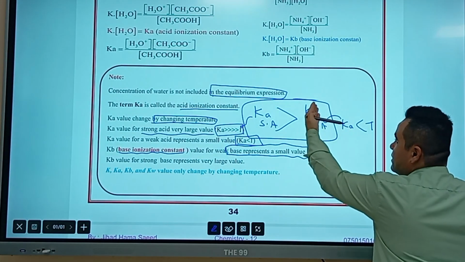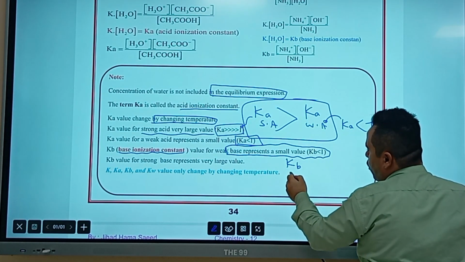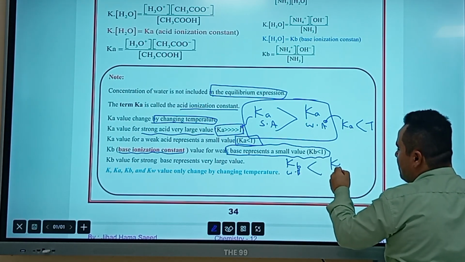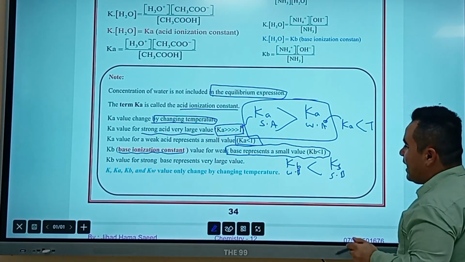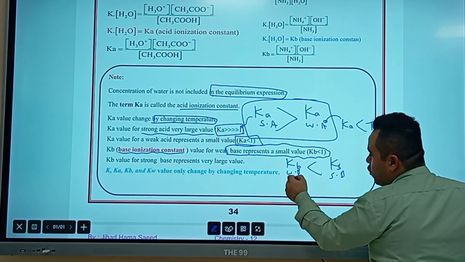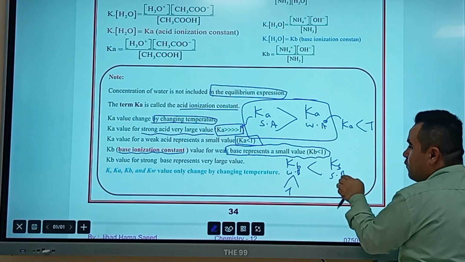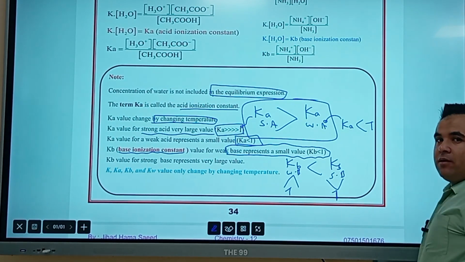Why? Because, as we said for Ka, the Kb of weak bases is much lower than Kb for strong bases. Or we can say Kb for weak bases is much lower than 1, and Kb for strong bases is higher than 1.